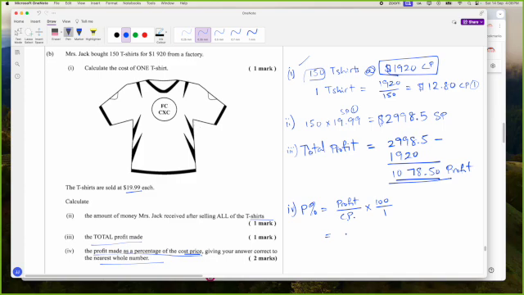And so that will be 1078.5 divided by 1920 multiplied by 100. 56.17. Right, so 56.17 to the nearest whole number is 56%. That's a hell of a profit though.